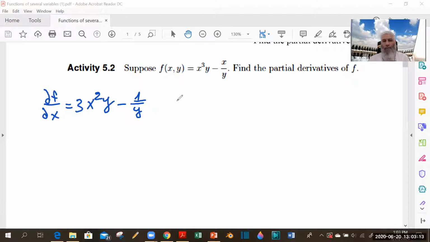Right. Now df/dy: here we have x cubed minus x over y, and the derivative with respect to y is what? It's just x, because y is in the denominator.